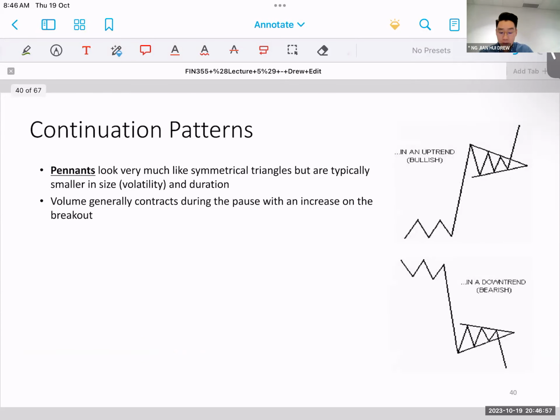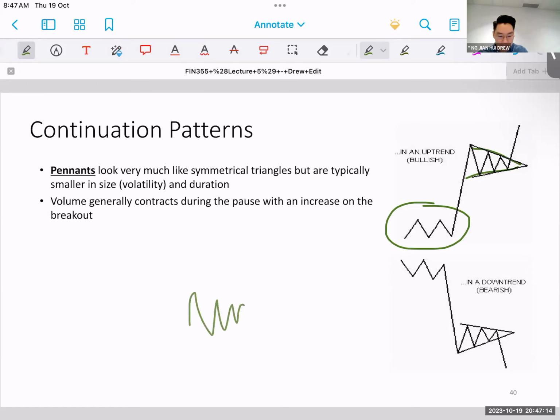Another kind of continuation pattern is the pennant, which is something like a flag, and then a symmetrical triangle, meaning that it is just going up and down, up and down, and it spikes up out of the triangle here.